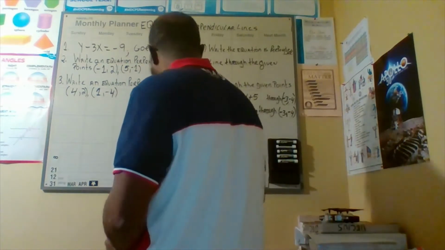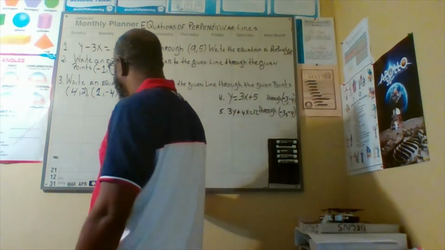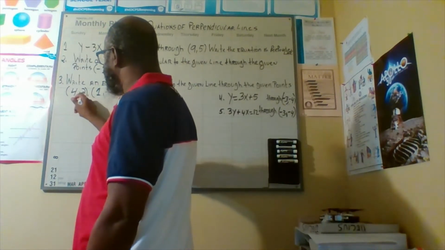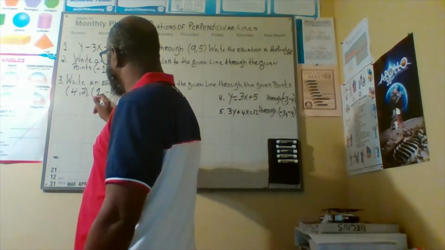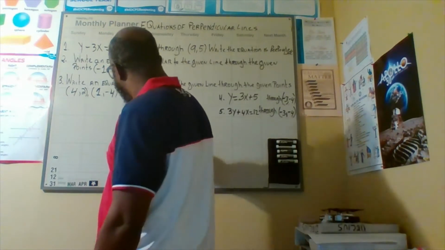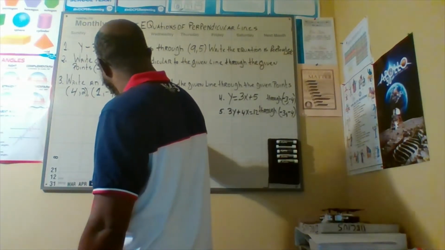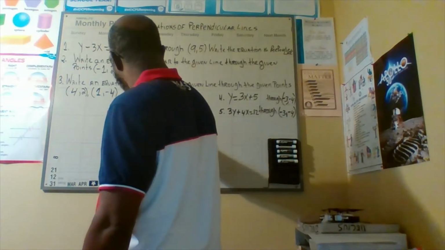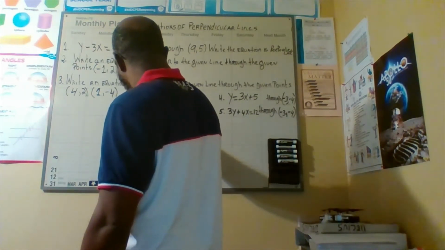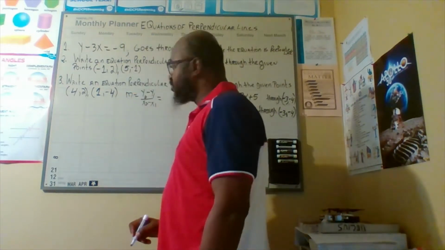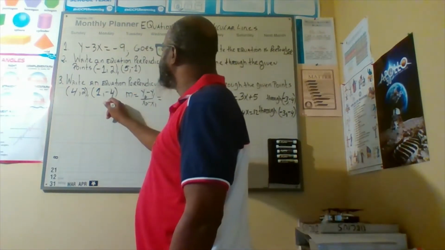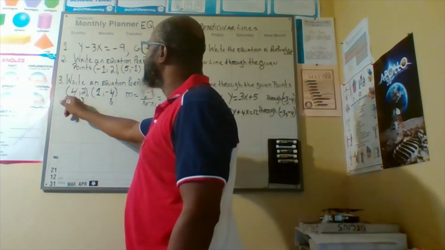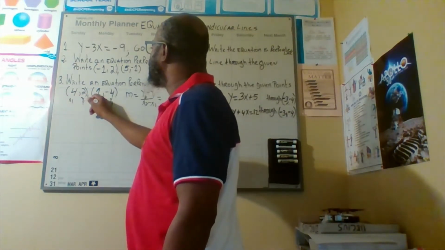Let's assume that you have this problem. (4, 2) is your first ordered pair, and (1, negative 4) is the second ordered pair. You're going to find the slope. Remember, the slope is y2 minus y1 over x2 minus x1. This is your y2, this is your y1, this is x1, this is x2.